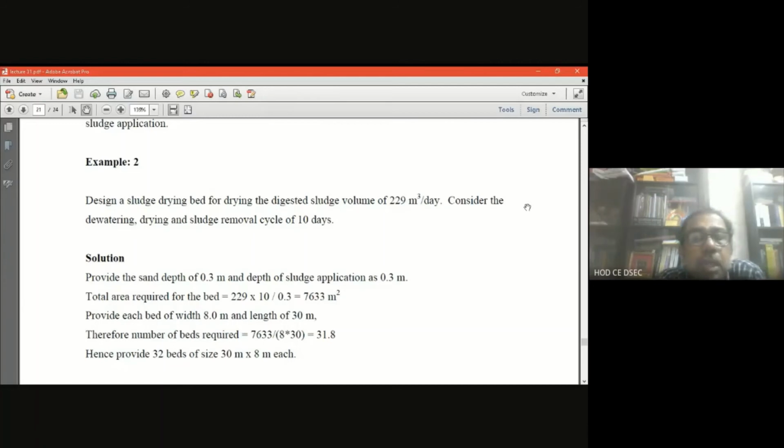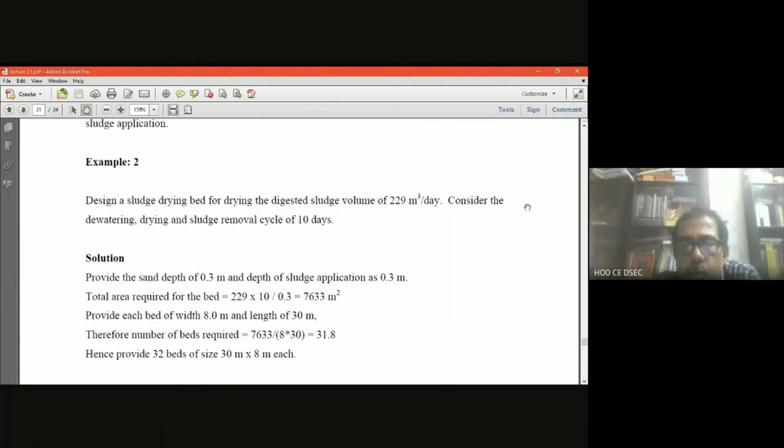What is going into the sludge drying bed? After the digested sludge, conditioning is an optional portion, you may or may not do it, but ultimately the digested sludge is going into the sludge drying bed. What volume is this?